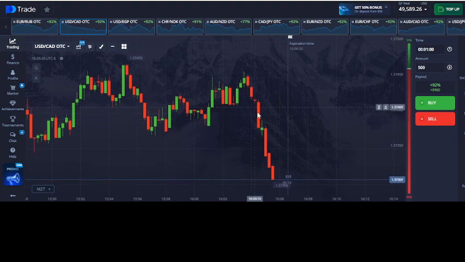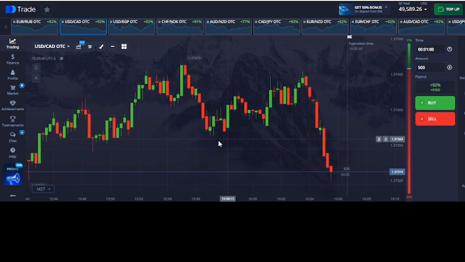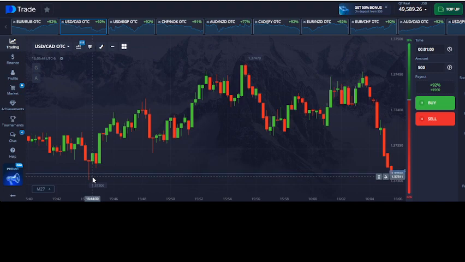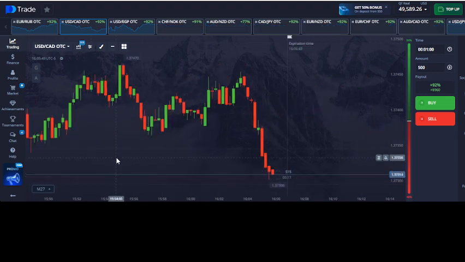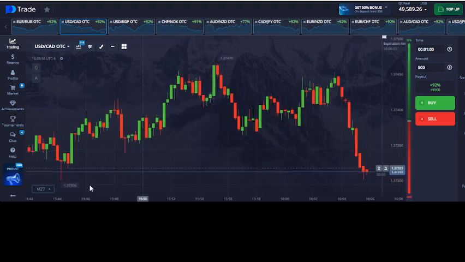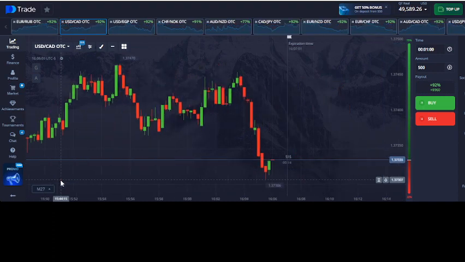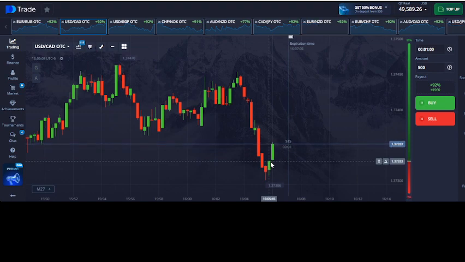So we have a strong bearish trend developing here. We have a level of support coming up here with this candle wick right here. So we have to be careful about coming up on levels like I mentioned. Okay, we have a gap right here that formed. Let's keep an eye on this.